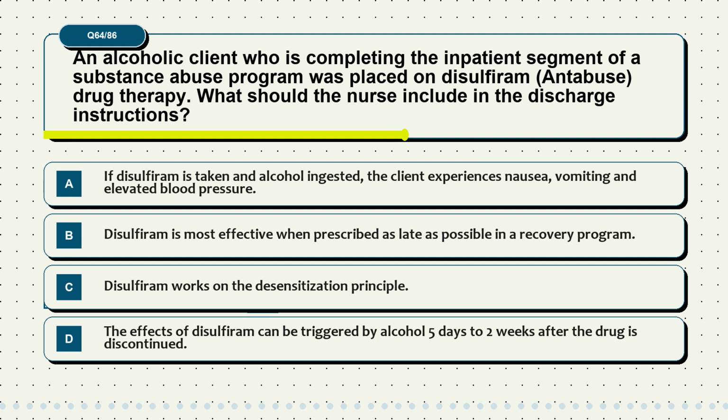Option B. Disulfiram is most effective when prescribed as late as possible in a recovery program. Option C. Disulfiram works on the desensitization principle. Option D. The effects of disulfiram can be triggered by alcohol 5 days to 2 weeks after the drug is discontinued.